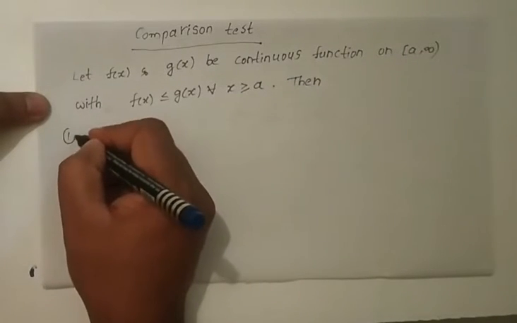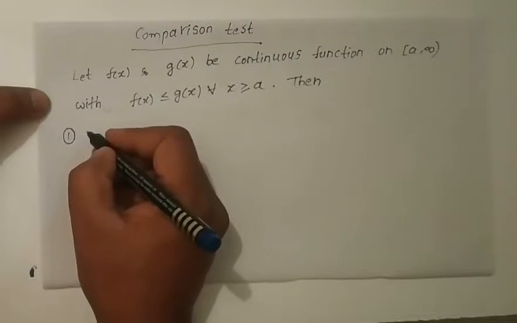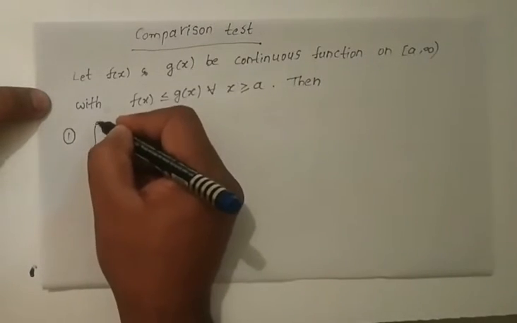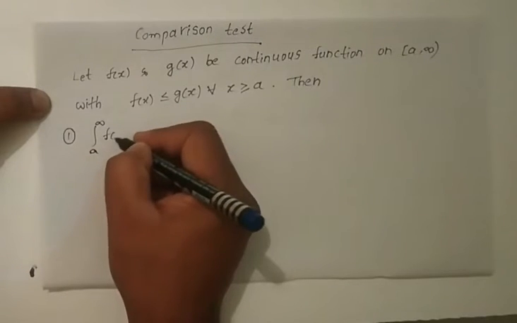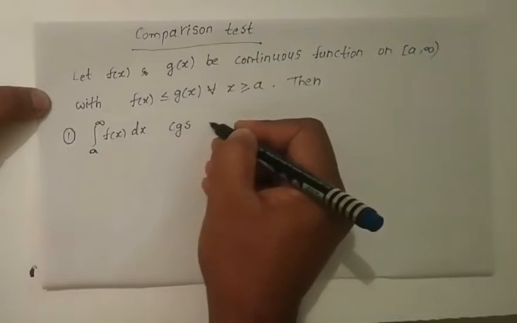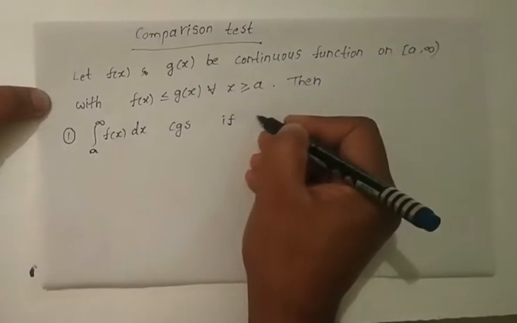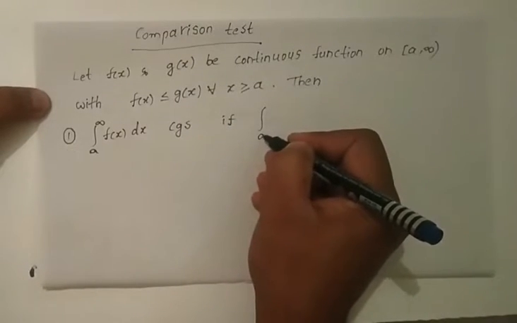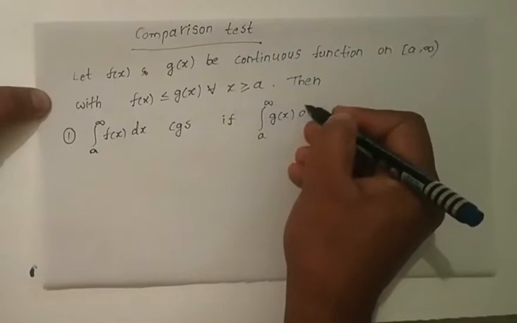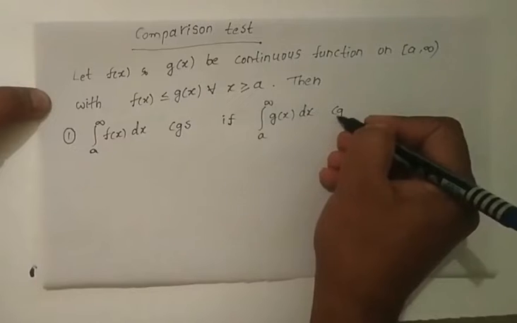Then, first one: the integral from a to infinity f of x dx converges if the integral a to infinity g of x dx converges.